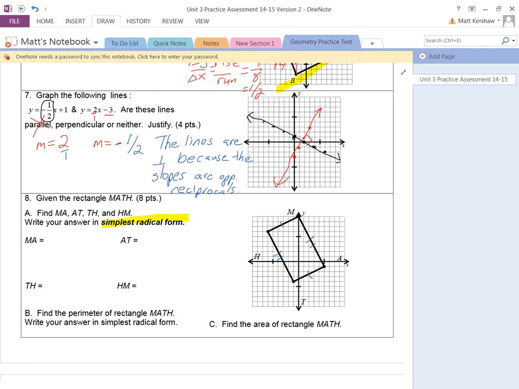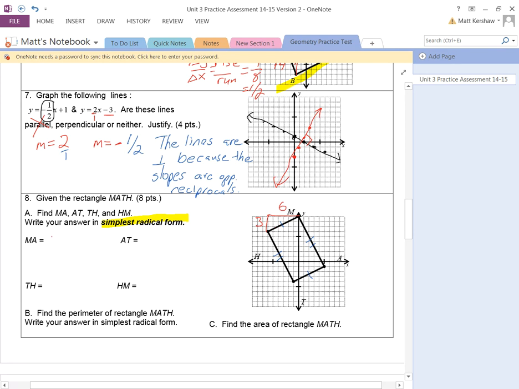So remember when we did this, we drew our triangle here. And so 1, 2, 3, so this is a 3. 1, 2, 3, 4, 5, 6. 6. And so now we plug it in the Pythagorean theorem and see what C is.